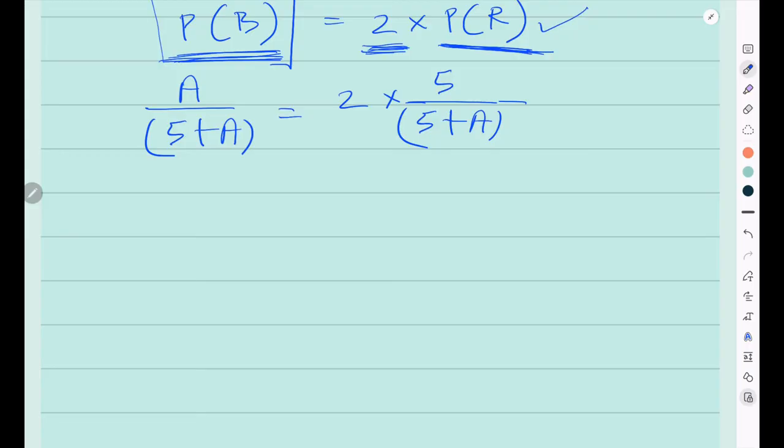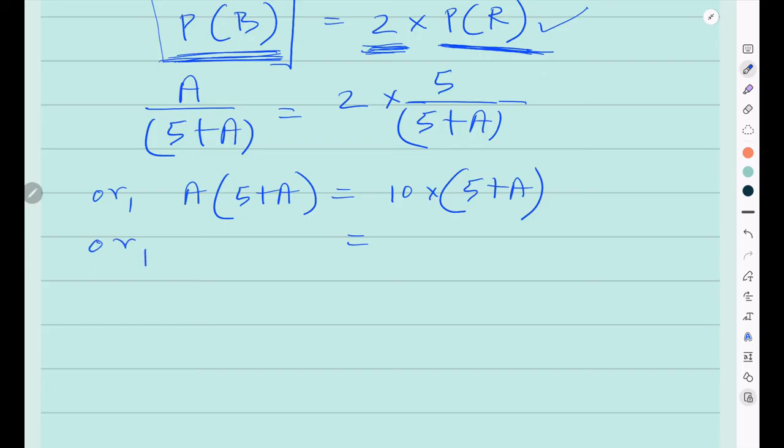So I think we can do cross multiplication. Okay, let us do cross multiplication. 5 plus A, although it is not necessary, but okay, let us do that. 5 plus A, or 5A plus A square will be equal to 50 plus 10A.